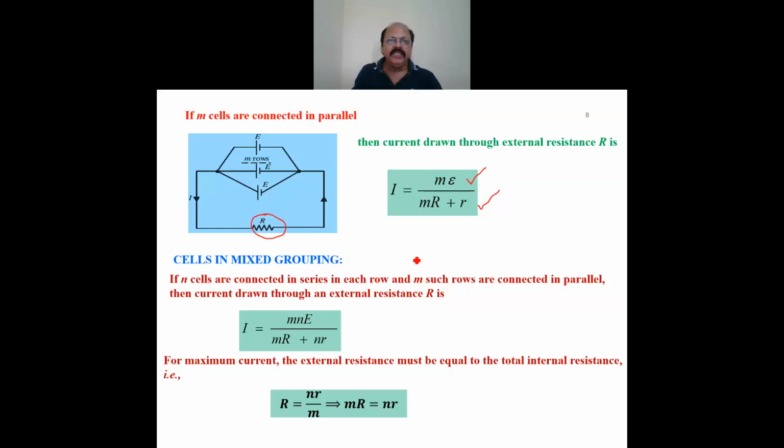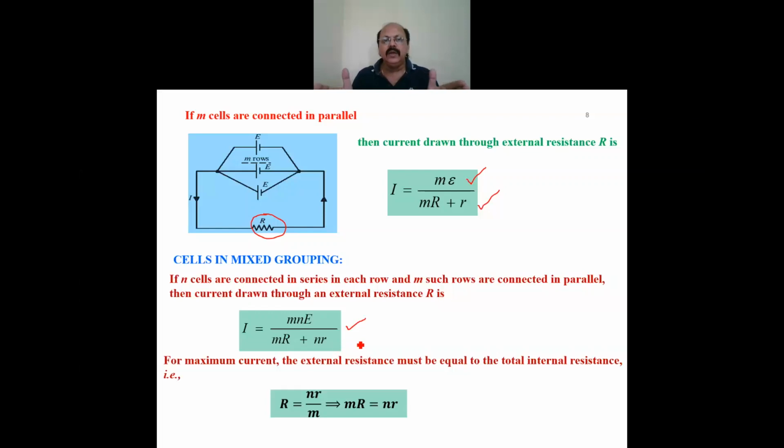For that purpose, if we say that n cells are connected in series in each row, and m such rows are connected in parallel, then the current drawn through an external resistance R is, you remember this formula, I equal to mnE upon mR capital R plus n small r.